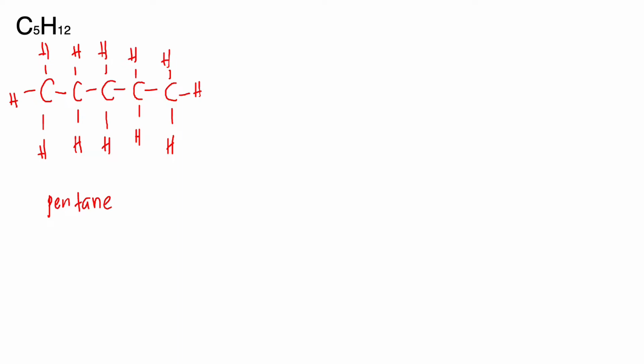Now, if you want to find the isomers of pentane in terms of chain isomers, you have to make sure that you create an alkane as well, because you must keep the same functional group. So kita akan buat something alkane tapi dia lebih pendek. Therefore, madam tukar dia kepada ini.